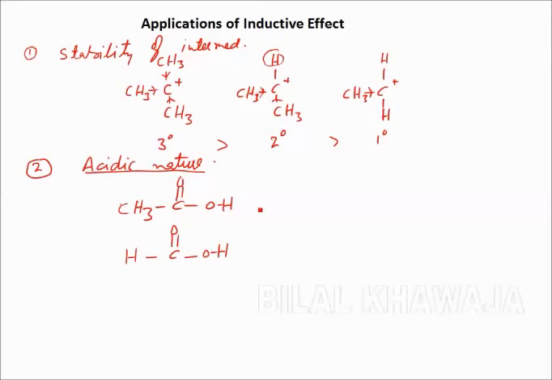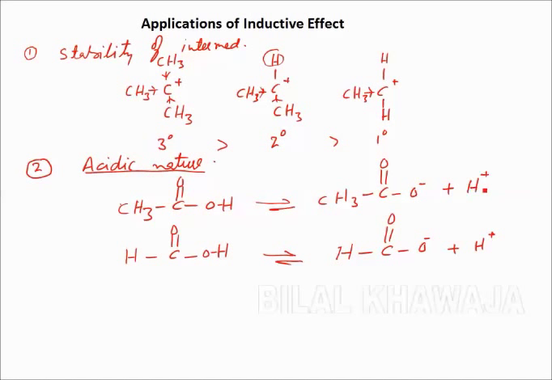When acetic acid dissociates it produces the CH3COO negative ion, and formic acid also dissociates and forms HCOO negative. We'll discuss all about the acidic nature in other videos also, but just an example here.